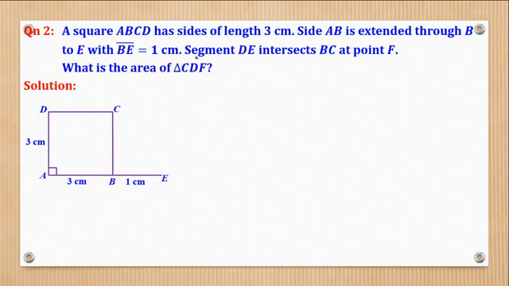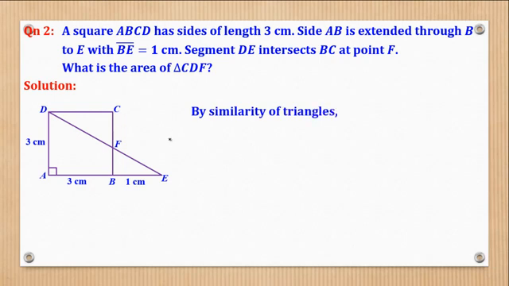Then from there they said segment DE intersects BC at point F, so you have to draw a straight line from D to E, and it meets BC at F, which is there. Then they said, what is the area of triangle CDF?